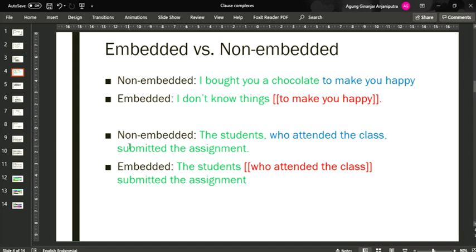Okay, the next example is non-embedded versus embedded in relative clauses. "The student, who attended the class, submitted the assignment." Or in embedded, "The students who attended the class submitted the assignment."